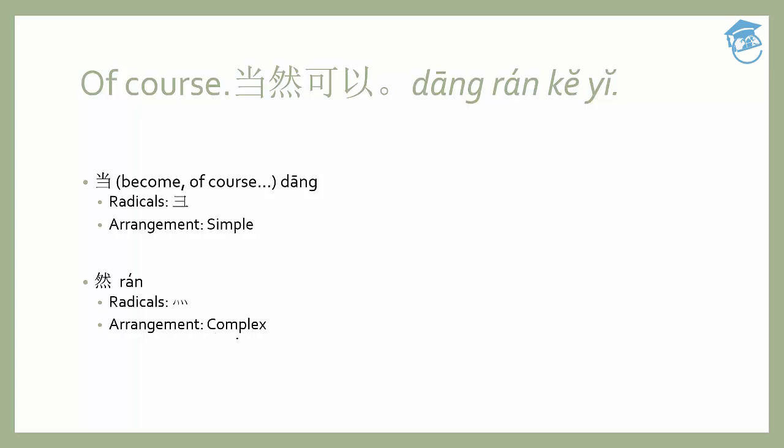The arrangement is complex because you have top and bottom components. For the top component, you have left and right components. Let's look at how to write 然. 1, 2, 3, 4, 5, 6, 7, 8, 9, 10, 11, 12. 12 strokes for this word, 然.